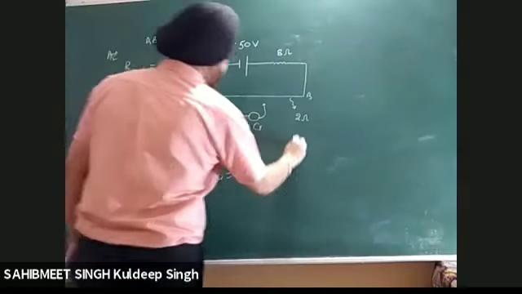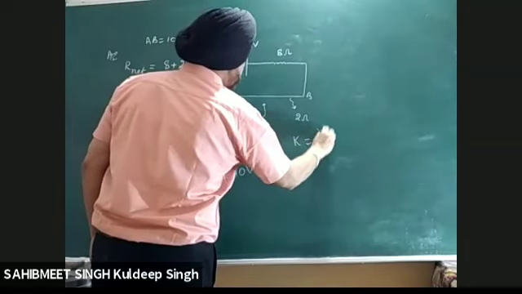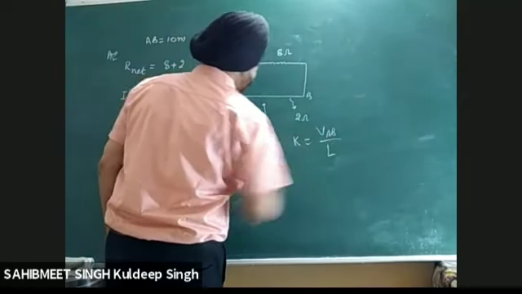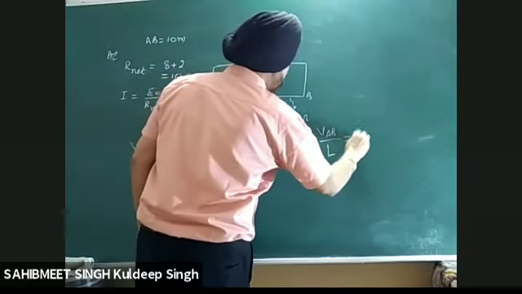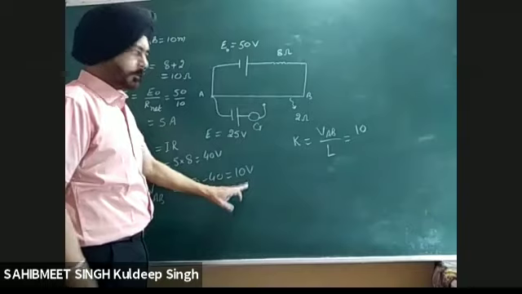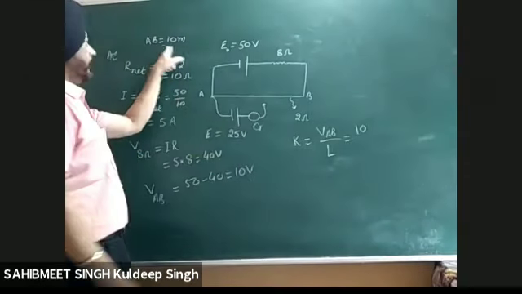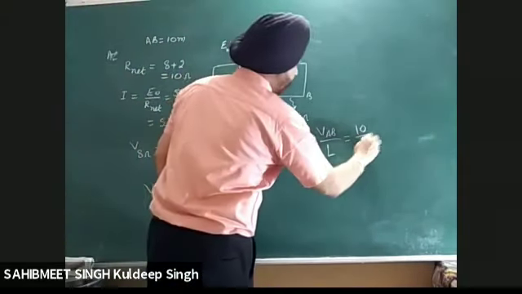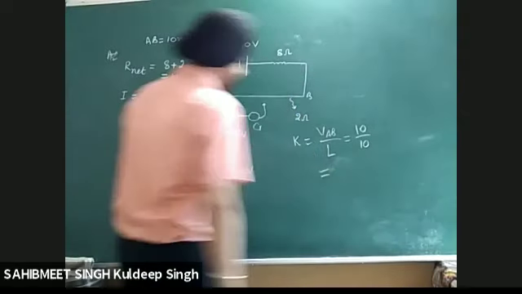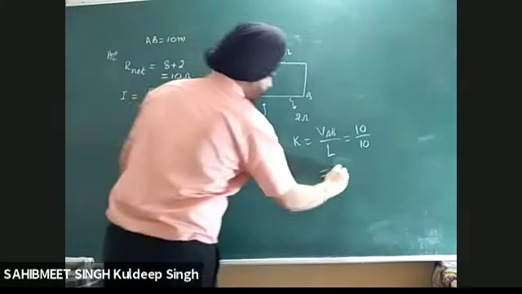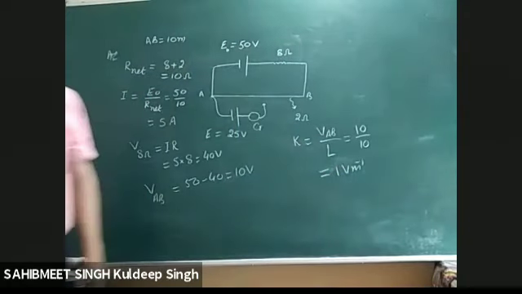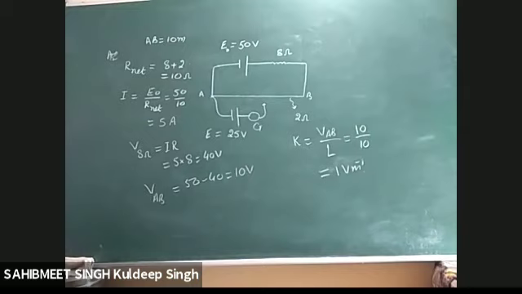What is the potential gradient? Potential drop across the wire by its length. This is equal to 10 volt by 10 meter. So therefore this is equal to 1 volt per meter.